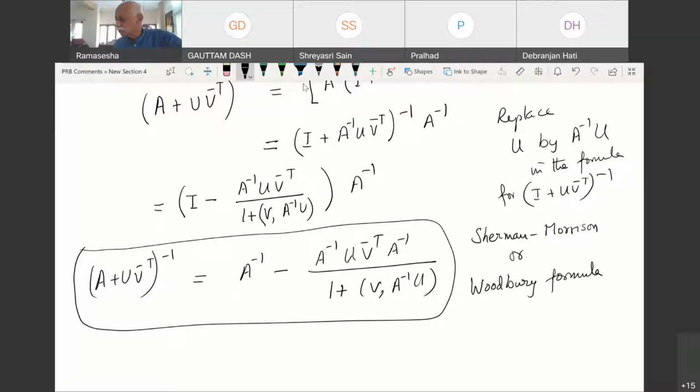I think now I will go over to something slightly different. Sir, one of the matrix element is related to the fact that the rank is 1. UV bar transpose is rank 1. Yes. That is why I can do this. Okay.